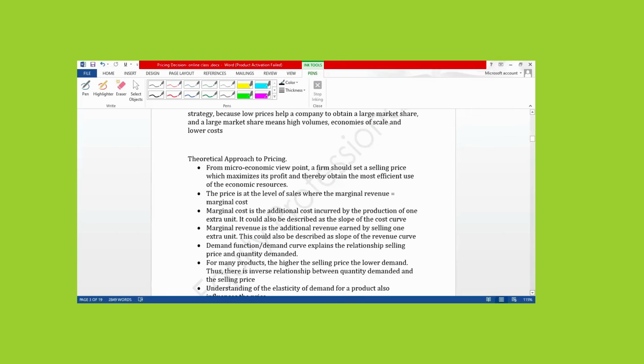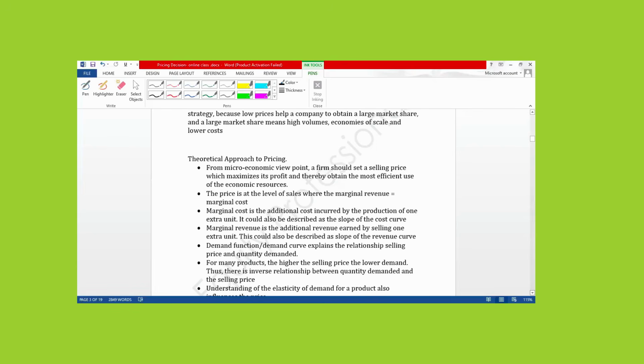So the question is, what is marginal cost? What is marginal revenue? If I want to maximize profits, I must set a selling price at which my level of sales will equate marginal revenue with marginal cost.